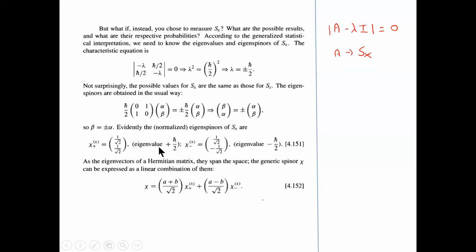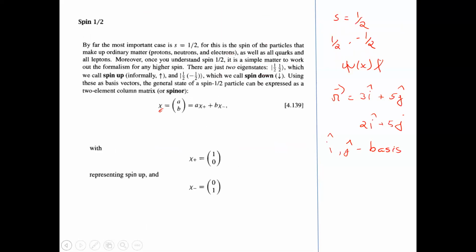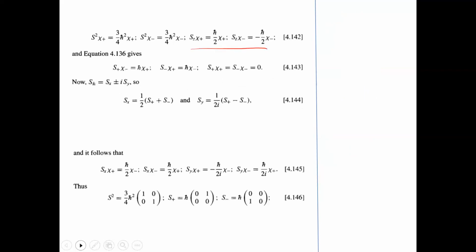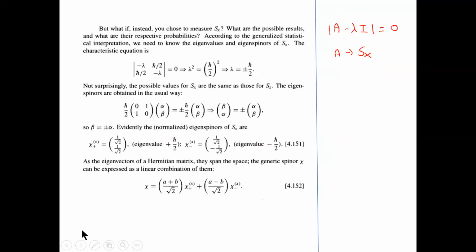Now, these eigenspinors are the basis vectors, we said, so the entire spinor is a linear combination of these two. When we started out, we said you have some scalar a times chi plus and b times chi minus. Now we apply the normalization condition.